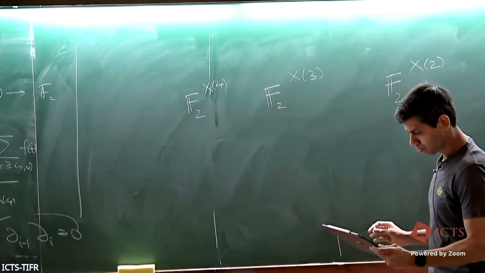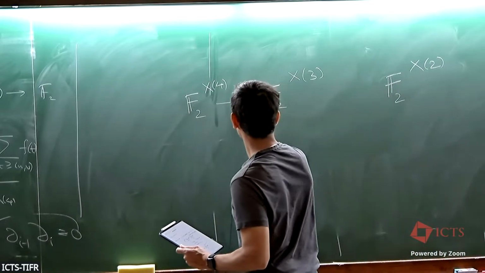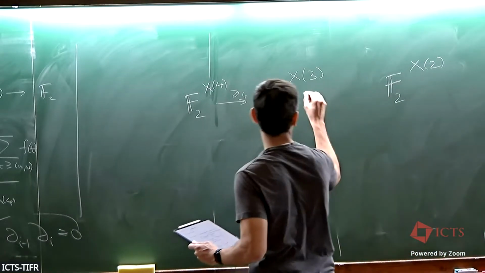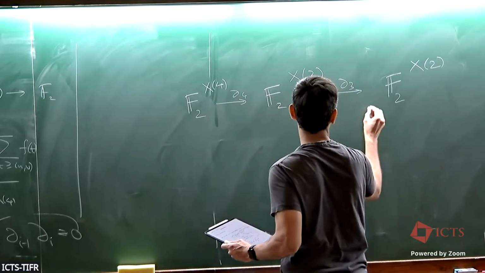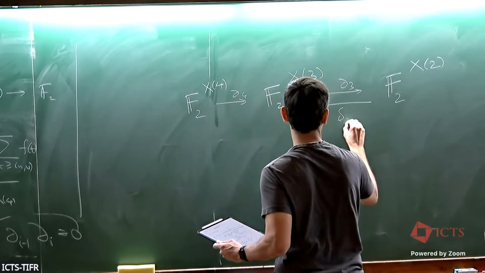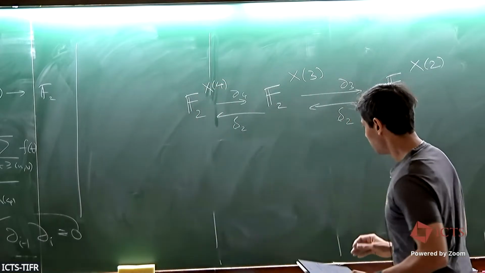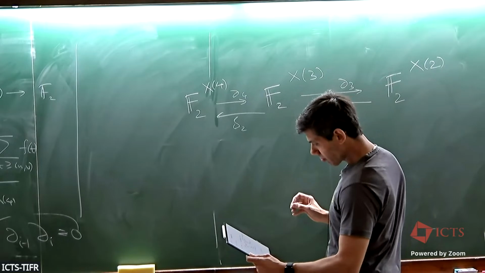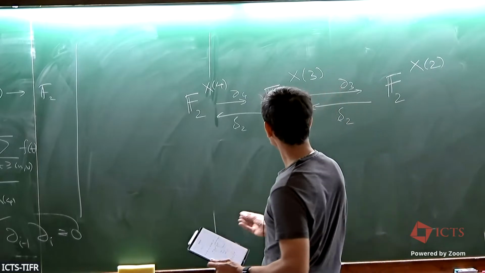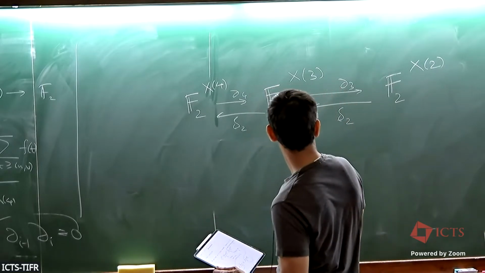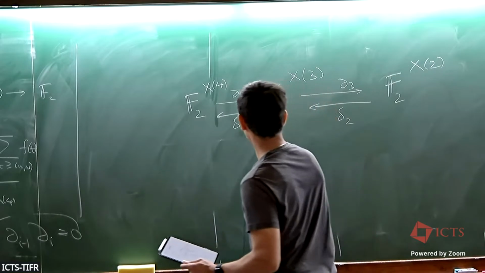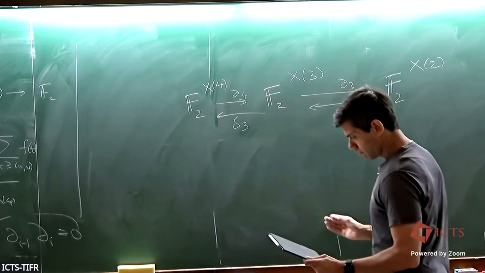And then we had these boundary operators and these co-boundary operators. I'm sorry? Oh, that's delta 3. Thank you. Okay.